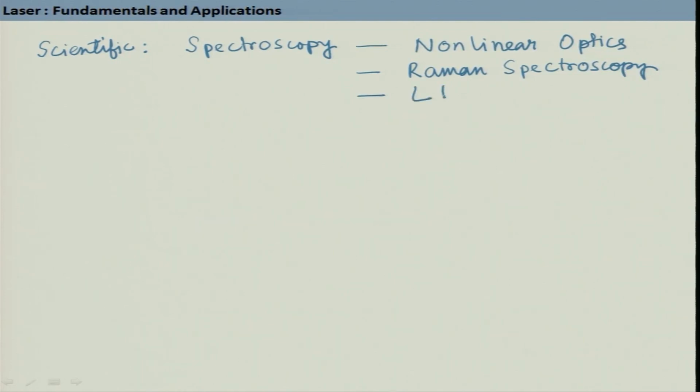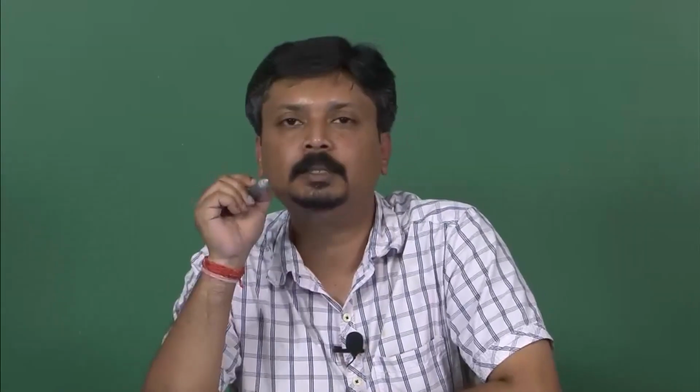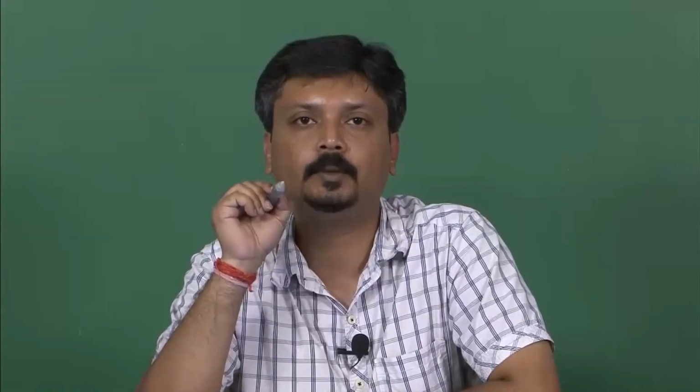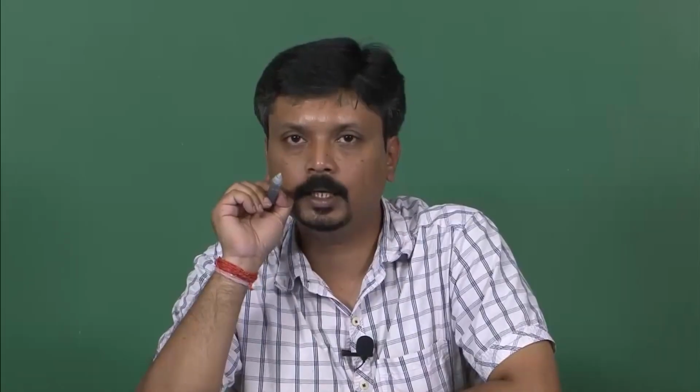There is something called laser induced breakdown spectroscopy. Various super resolution spectroscopy can be obtained using laser. Why? Because earlier we mentioned that it can be a really monochromatic light source, right? So if I want to have a very specific transition from one state to another in a particular molecule, I need to have a specific frequency or wavelength of light, and that can be achieved using laser, a highly monochromatic beam.